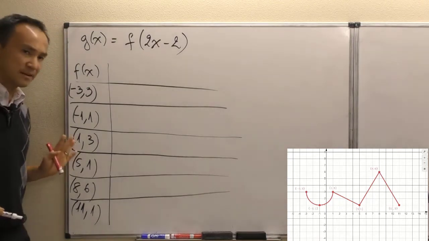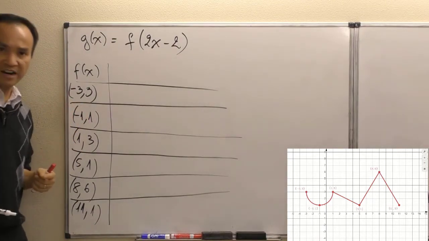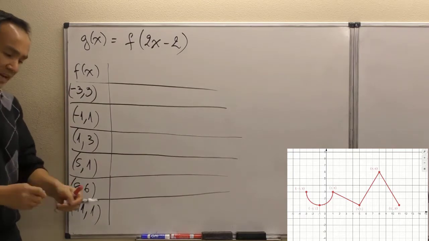These are the guiding points that stay right there on our graph. That's making it easy. But back to what I was saying.